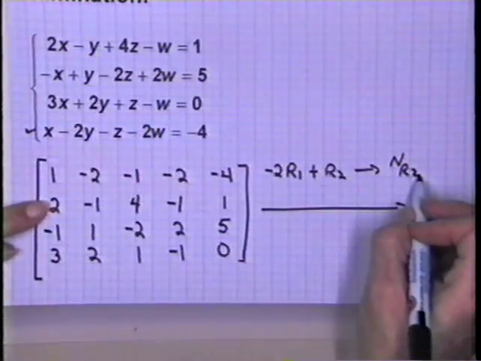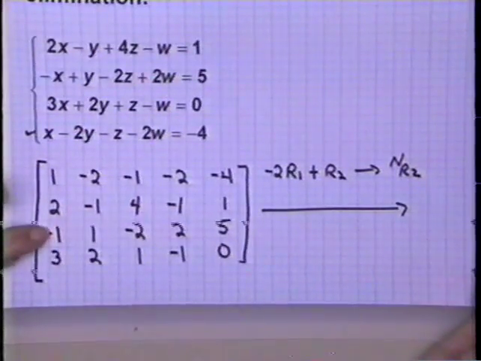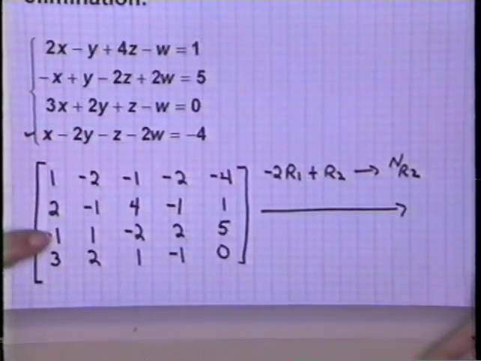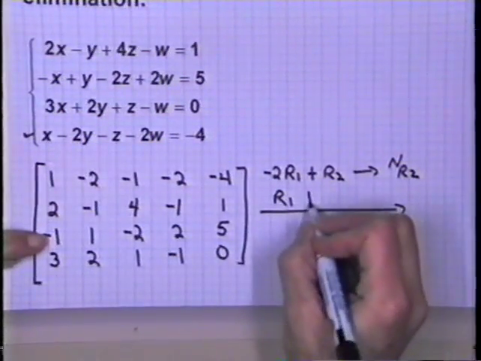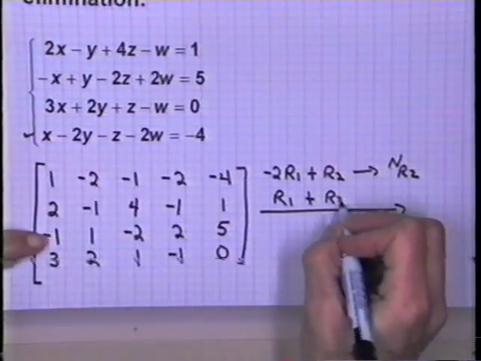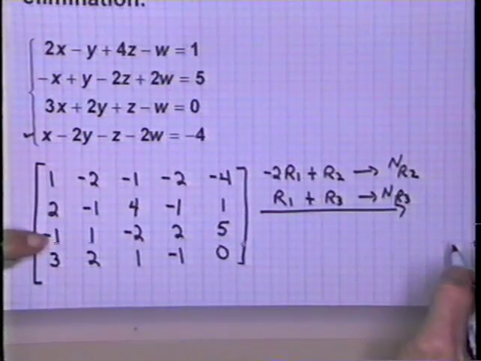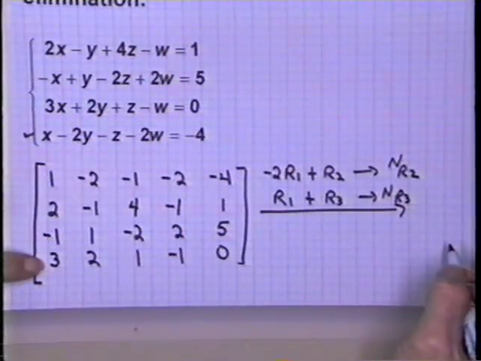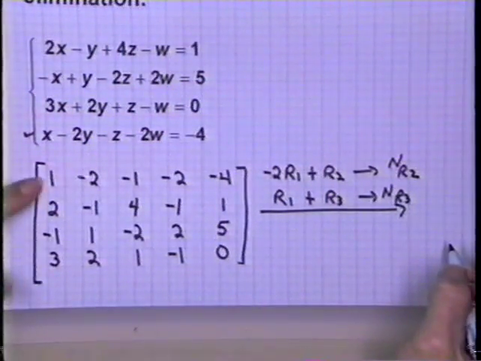Okay? While I'm listing what all I'm going to do, how am I going to get a 0 down here? I just need to add the numbers in row 1. So I'm going to take just plain old row 1, add to row 3, and that will become my new row 3. And let's decide what we're going to do down here. Using the 1 up here, I need to multiply by -3 to get a 0, don't I?